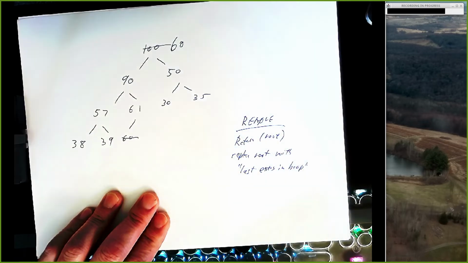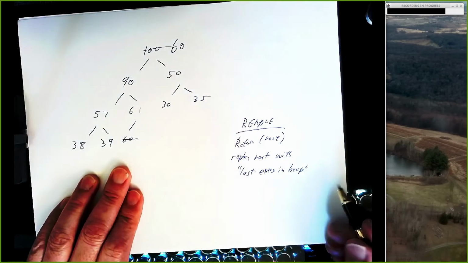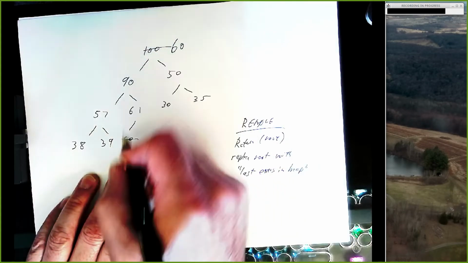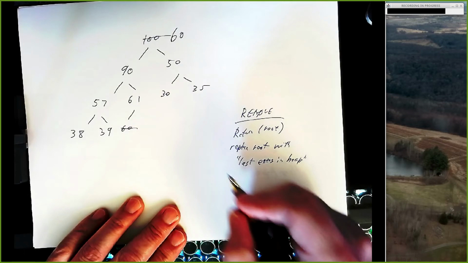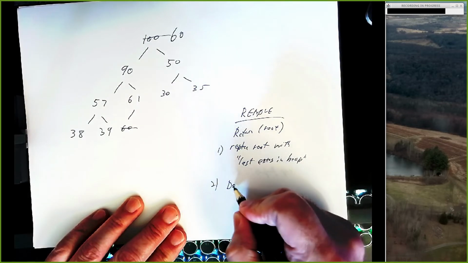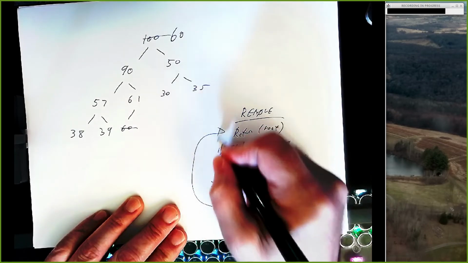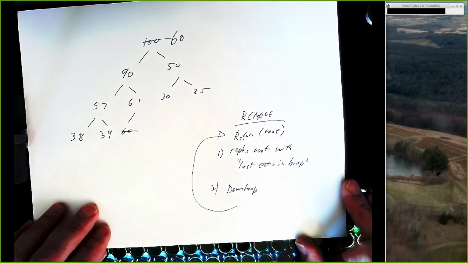Where by the last entry in the heap, I mean that thing at the lowest level furthest to the right. So we replace the root with that last thing in there. And then we do what's called downheap. And then we return the root that we removed in the beginning.